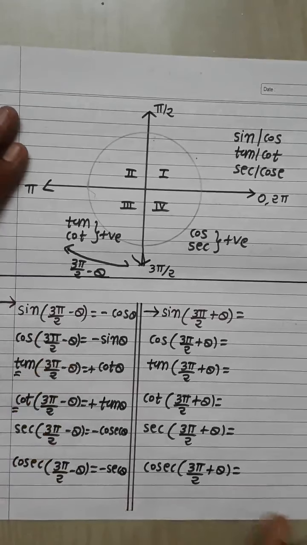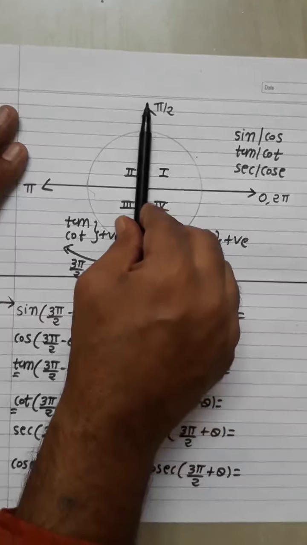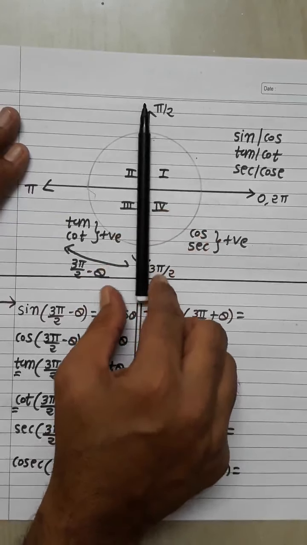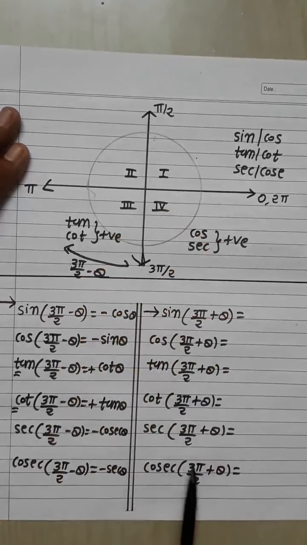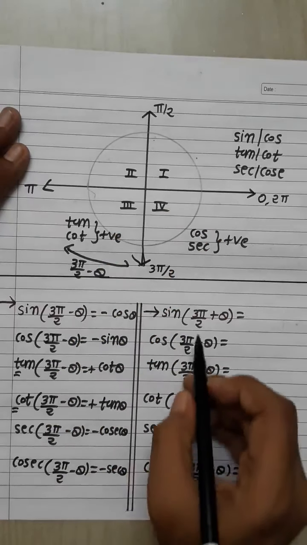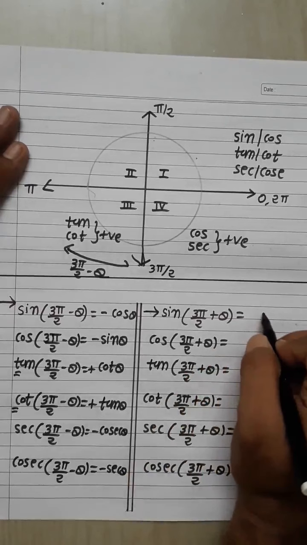So again this value is present on the y-axis and the π/2 form is present, so we can remember it in two ways. Since π/2 is present, change the position of the function.